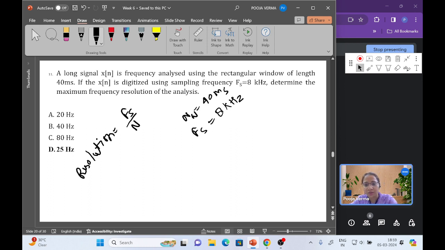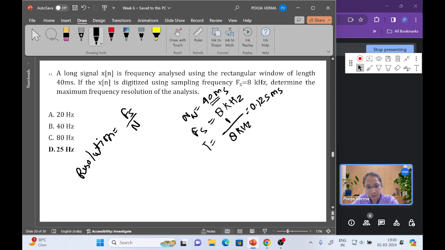So first we need to find out the number of samples for 40 milliseconds. The sampling frequency is given as 8 kilohertz. If we change to time, 1 by 8 kilohertz gives 0.125 millisecond.